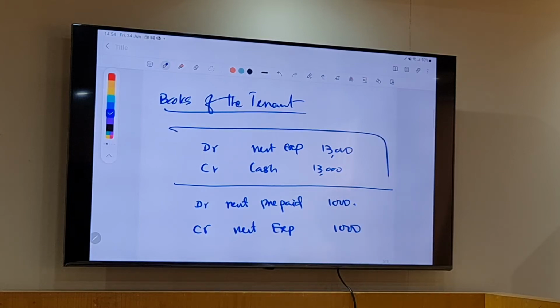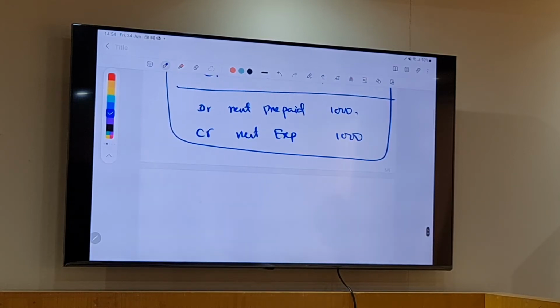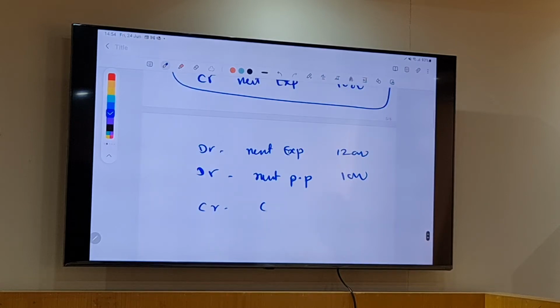If you summarize this, what will happen? Debit rent expense 12,000, debit rent prepaid 1,000, credit cash 13,000. Understood?